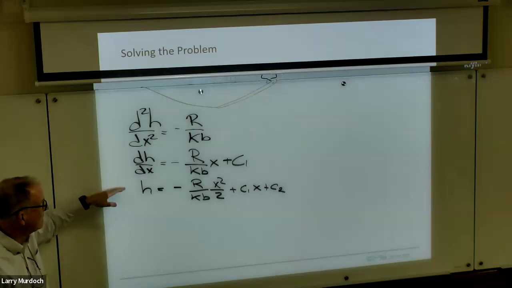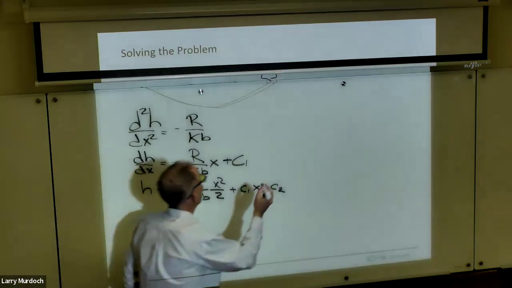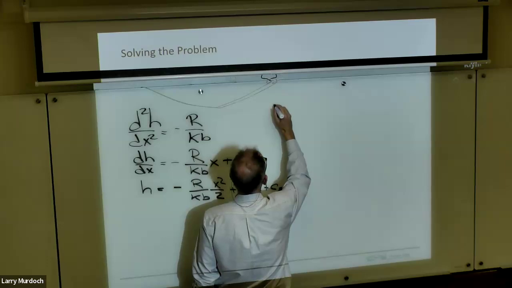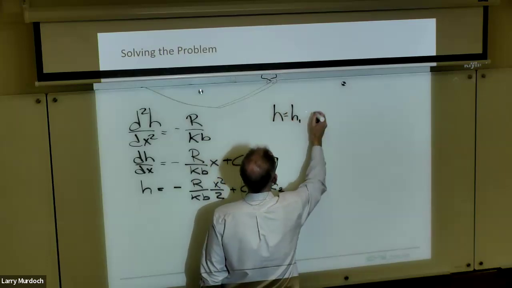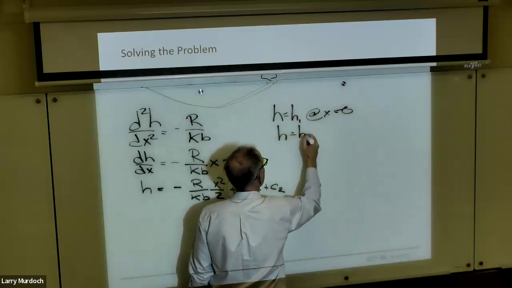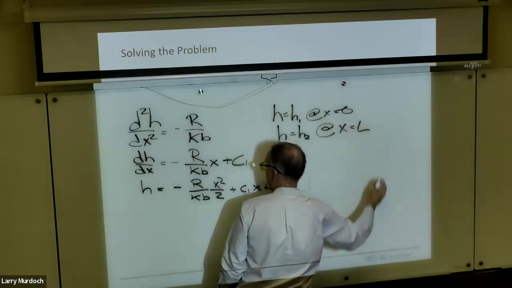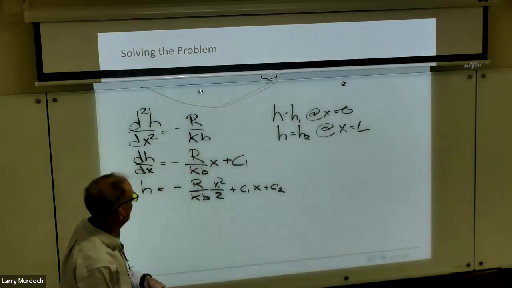But at this stage, it's the same as we had last time. So the boundary conditions are that H equals H1 at x equals 0 and H equals H2 at x equals L.